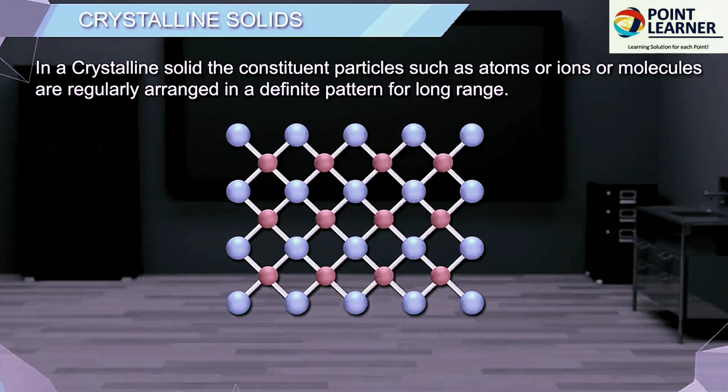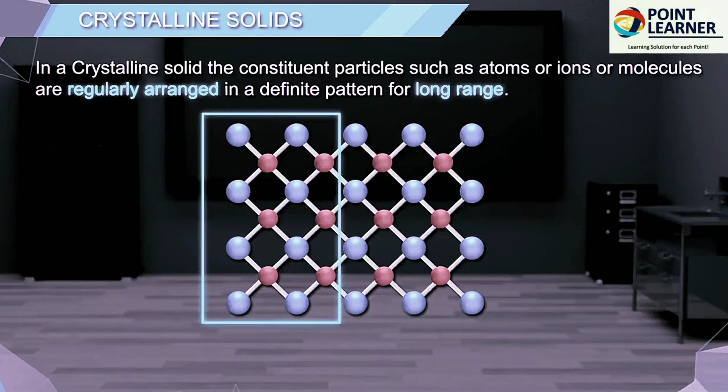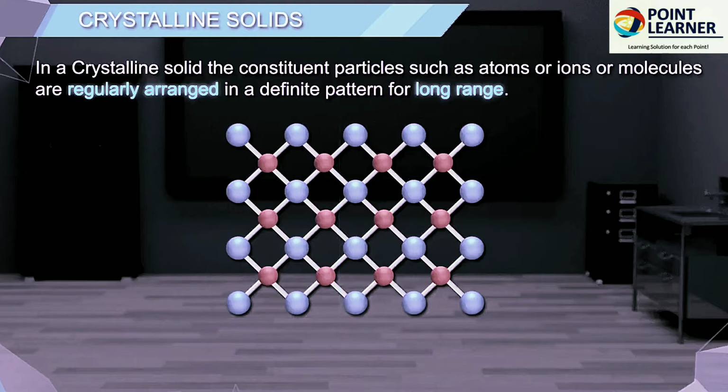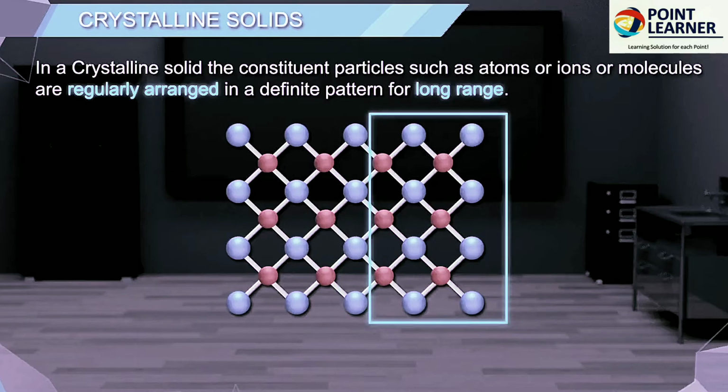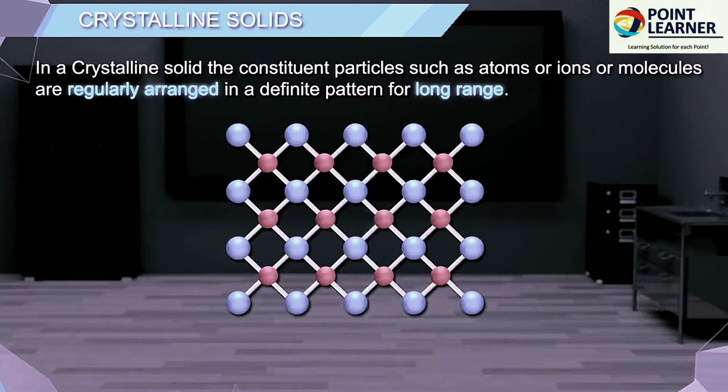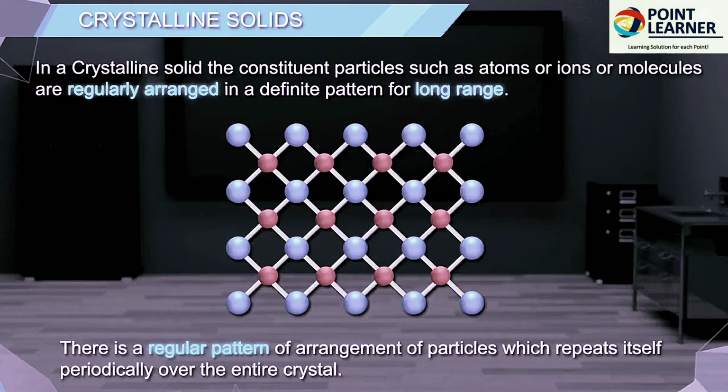In a crystalline solid, the constituent particles such as atoms, ions, or molecules are regularly arranged in a definite pattern for a long range. Here, the arrangement is so regular that by just knowing the arrangement at any one site, we can very well predict the arrangement of other sites.